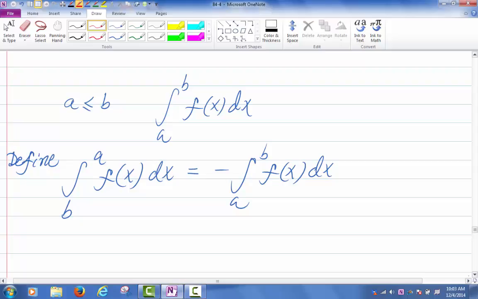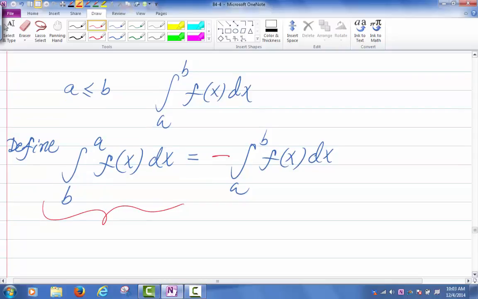So what would be the meaning of an integral from b to a of f of x dx where b is larger than a? Well, it's just going to be the negative of the integral from a to b of f of x dx. Am I making sense? So let me give you a quick example here.